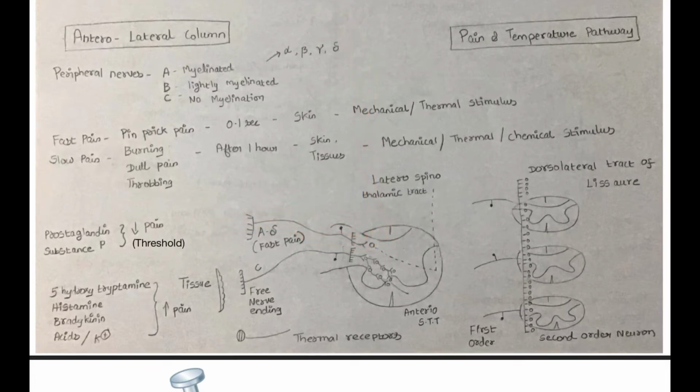And we also discussed that the dorsal column is mainly responsible for very minute detail, since it has only the ascending tract and there are no descending tracts. So in the dorsal column you have fine touch and the sense of position.